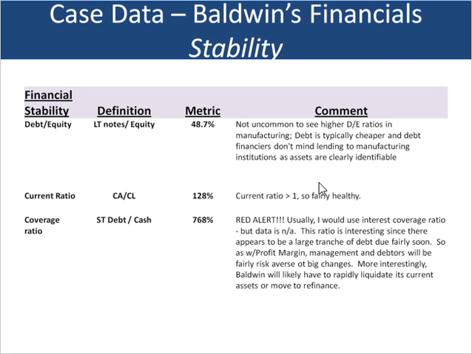When we look at the stability factors, not heavily levered in the grand scheme of things, 50%, very common in manufacturing industry, because you have collateral, for example factories and buildings, that you typically own and can put up as collateral.